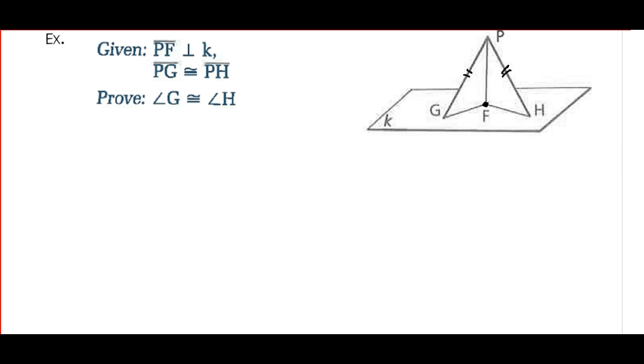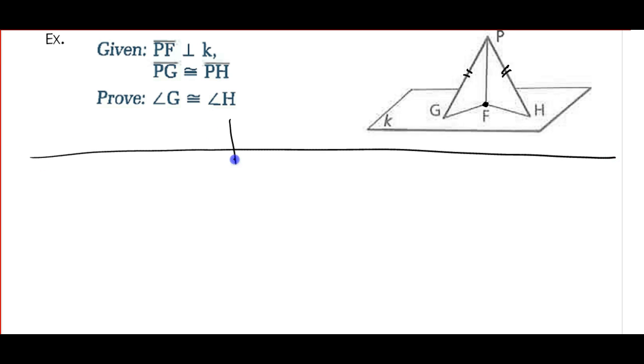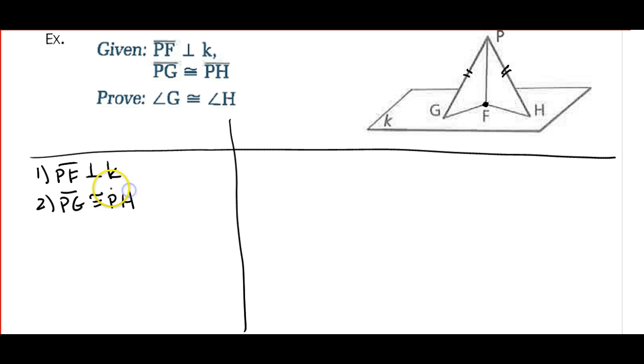We're going to prove two triangles congruent, except now the two triangles are not in the same plane, so we're looking at a three-dimensional figure. But all of our other things are going to work the same way. So we've got segment PF is perpendicular to K, and we've got segment PG is congruent to segment PH. And again, if you want to pause the video and work this out on your own, that would be fine. So this is our given information.